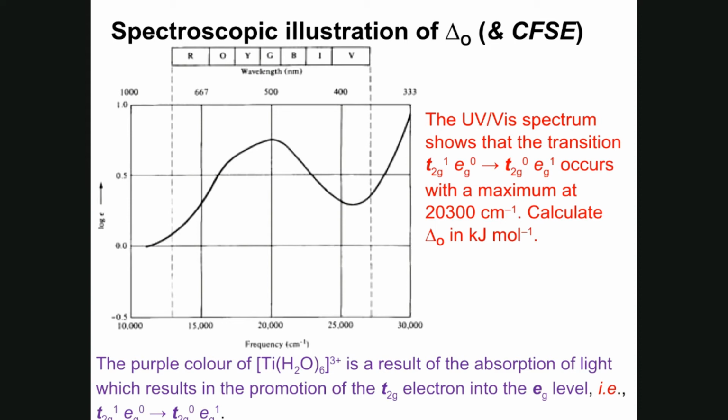So you can easily use that because the wave number represents the frequency. Remember that the frequency and the wavelength are inversely proportional. If you've got a long wavelength, then frequency would be low. If you've got a short wavelength, then the frequency will be high. So that inverse relationship is very applicable in spectroscopy here.